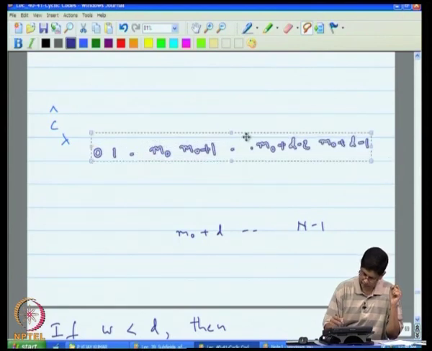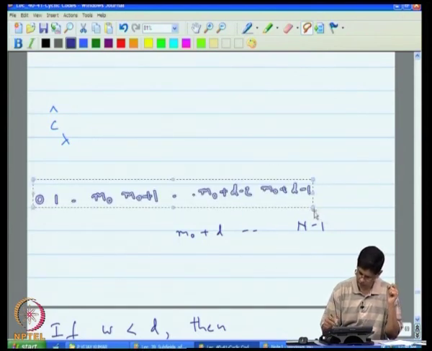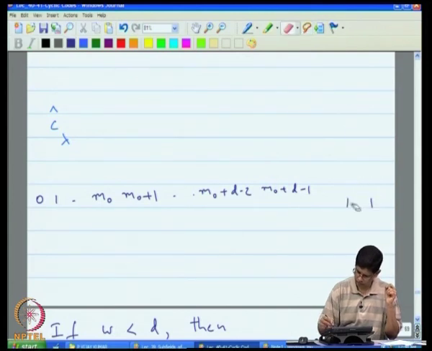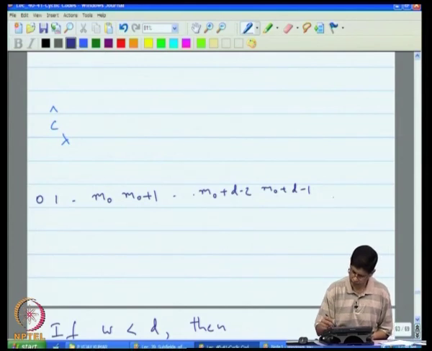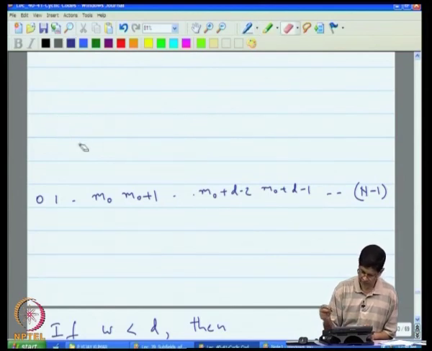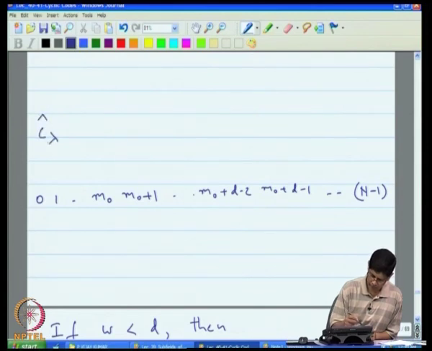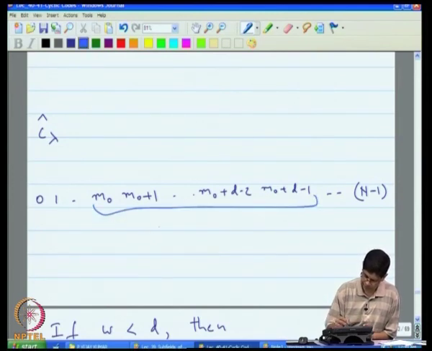Let me see if I can group this better. So, let us say these are the frequencies, and when you look at C hat of lambda, we know that since this is the null spectrum, this is contained in the null spectrum of the code.